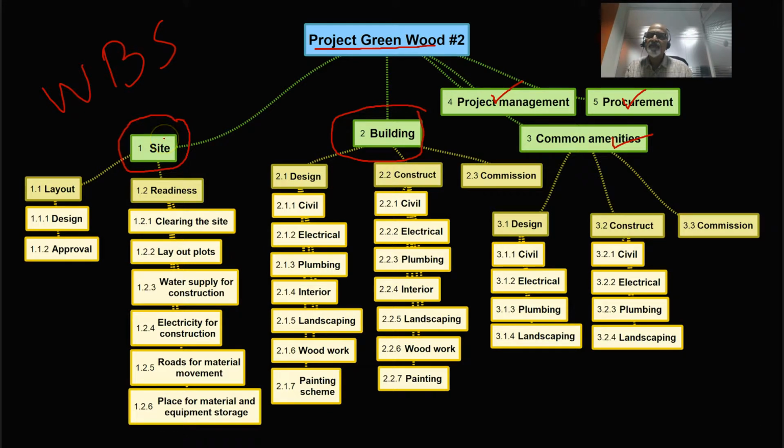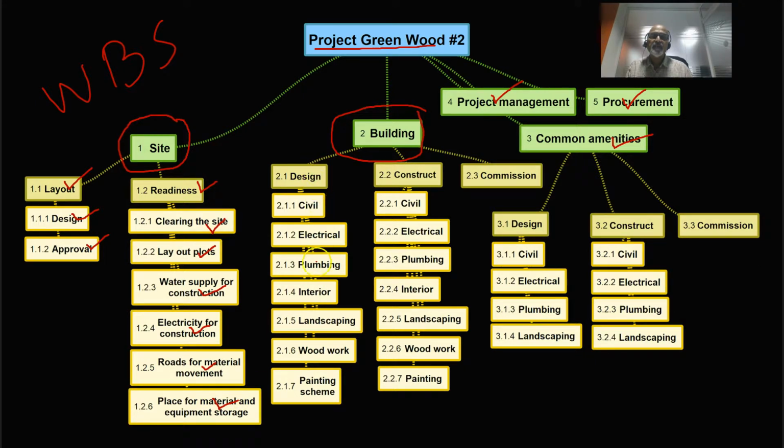Now I am decomposing this further. Under the site, layout is there and the readiness. Under the layout, design and approval. And similarly under the readiness, clearing the site, laying out the plots, water supply, electricity supply for the construction work, roads for material movement, and place for material and equipment storage.